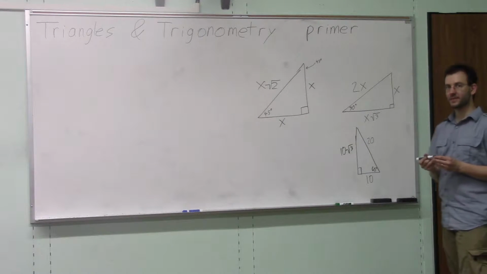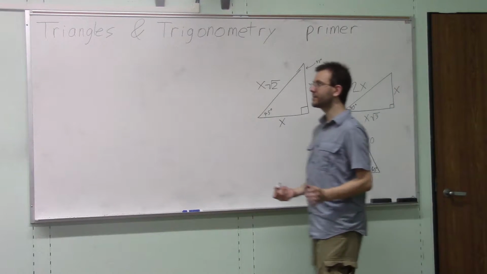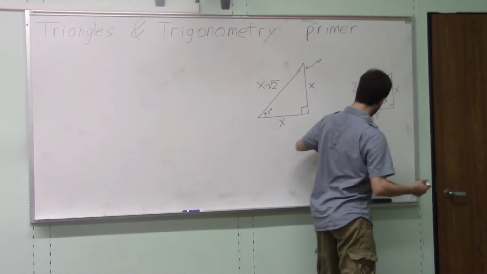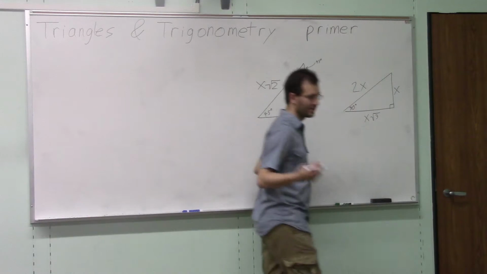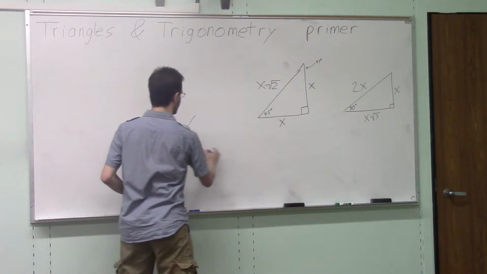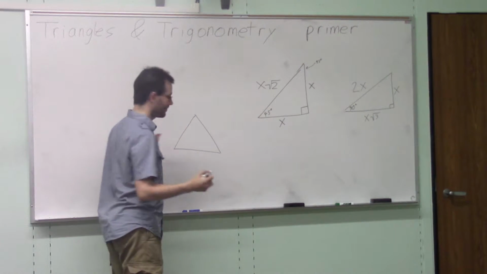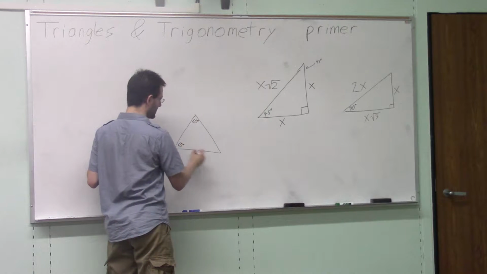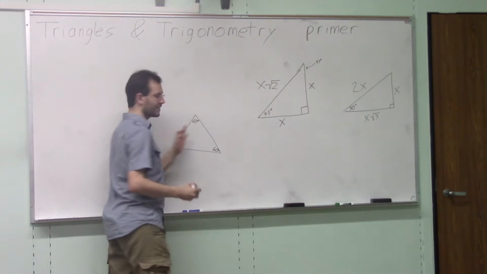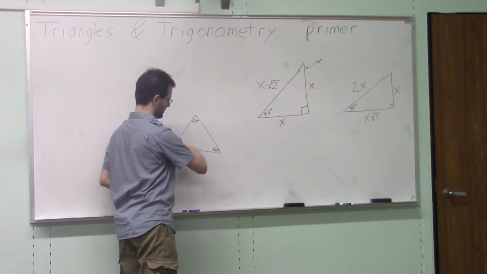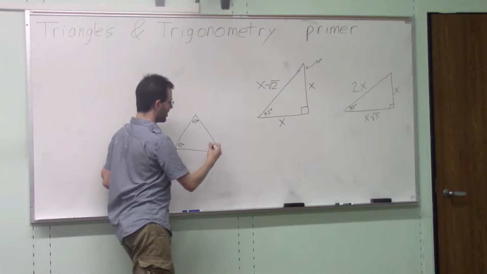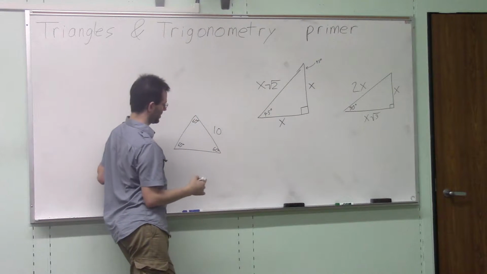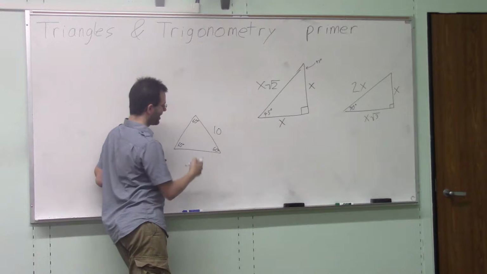So this is something you guys can be expected to use. Let me give you an actual useful use. Let's say you had an equilateral triangle, 60 degrees, 60 degrees, 60 degrees, and we know that each side has a length of 10 inches, cubits, to go biblical.